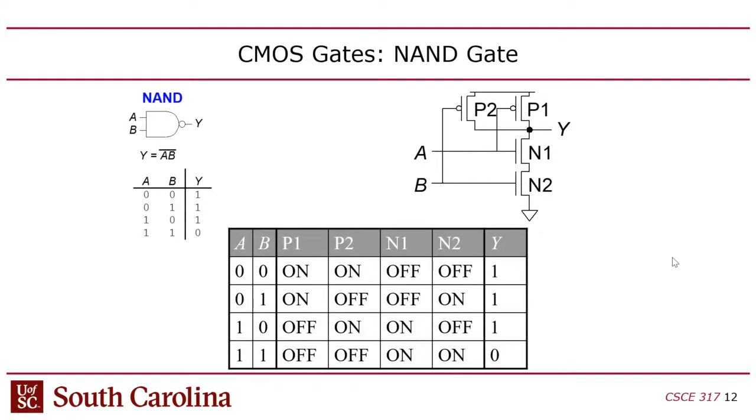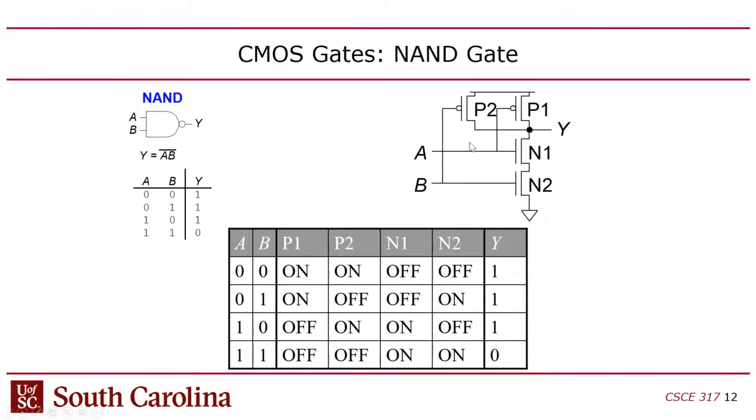However, if you want to do something with more than one input, like say a 2-input NAND gate, in this case, you would arrange the pull-up transistors to be in parallel, and the pull-down transistors would be in series. The P1 and P2 are in parallel, and the pull-down transistors are in series.